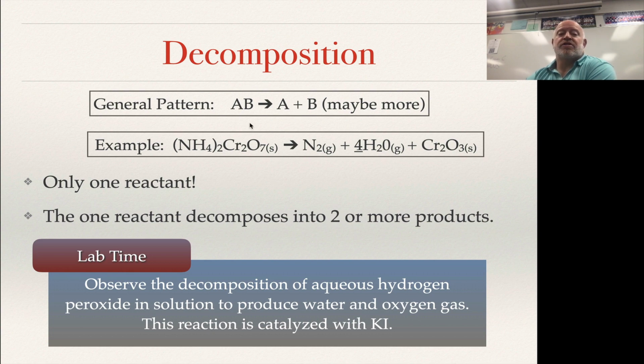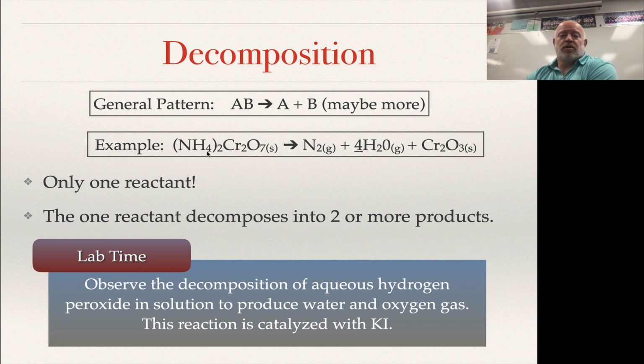But it always starts with a single compound, okay? So that's one of your best indicators, or how you identify these: it's only going to have 1 reactant. And I would probably add that the 1 reactant is a compound, because it's not an element as a reactant, okay? And it's going to decompose into 2 or more products, okay?